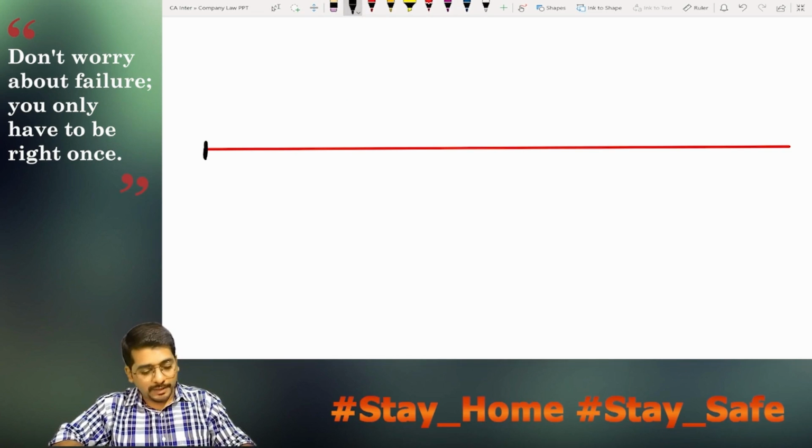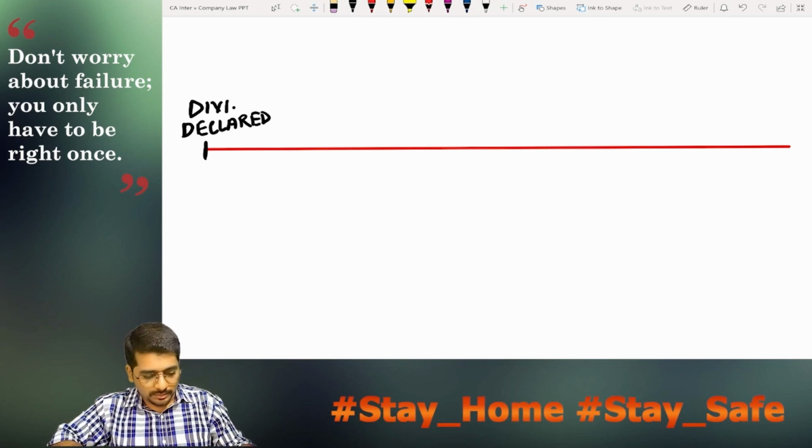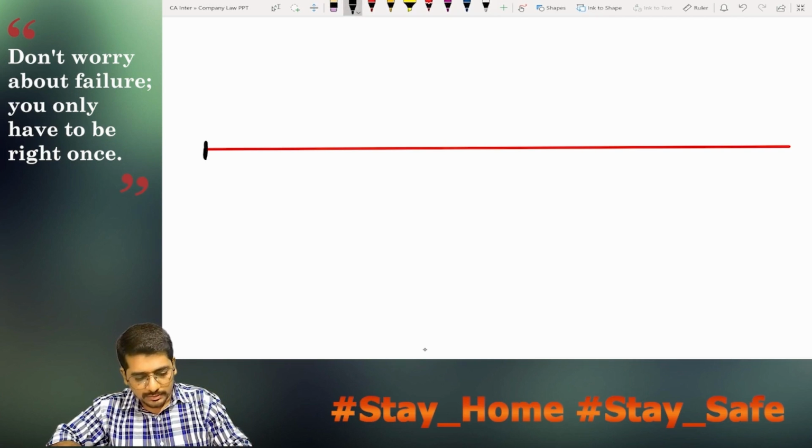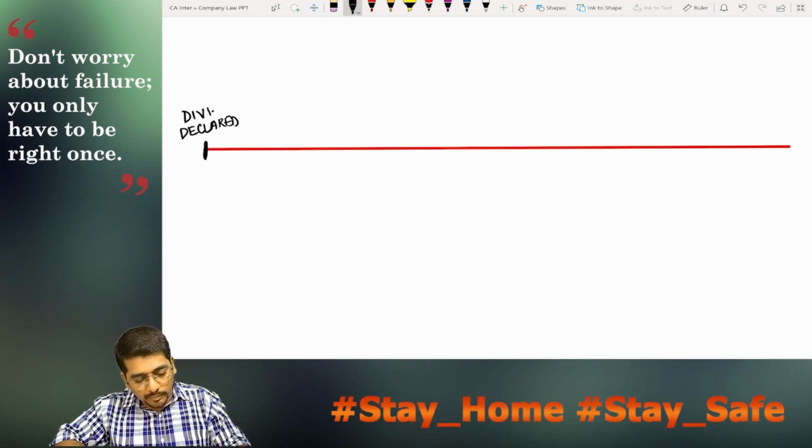This is the date when your dividend is declared. Now, from this particular date, what the law says is over here.